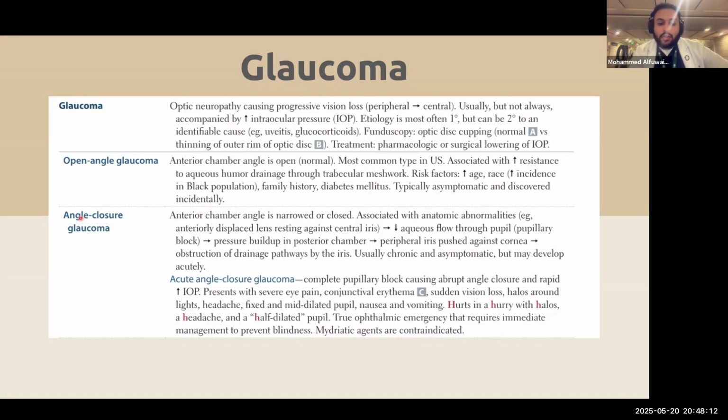Now, in acute angle closure, the angle is closed, so they will have severe symptoms: severe eye pain, conjunctival erythema, sudden visual loss, halos, headache, and a fixed, mid-dilated pupil. You need to handle this patient very fast.